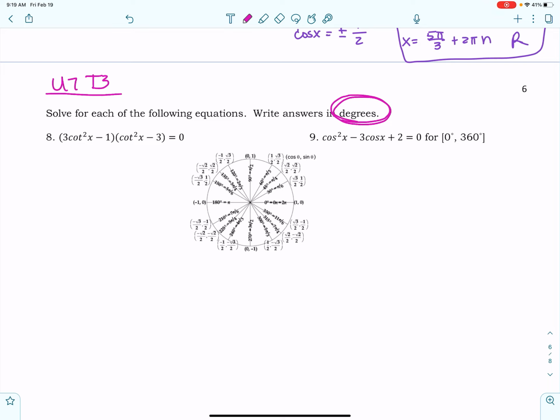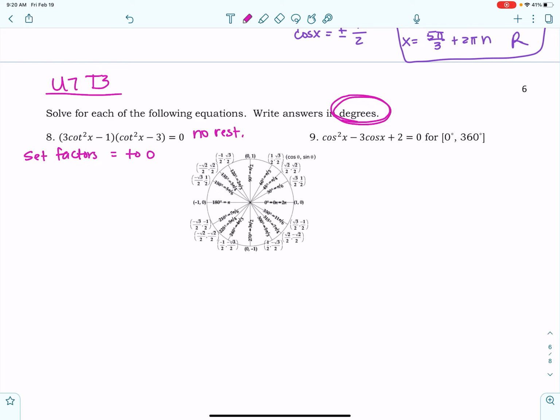I want you to notice that there are no restrictions on this particular problem. That means I'm going to have to consider not only the value on the circle, but all rotations of the unit circle. So let's first set our factors equal to 0, and then we will solve, because remember our goal is to isolate our trig expression on one side of the equal sign.